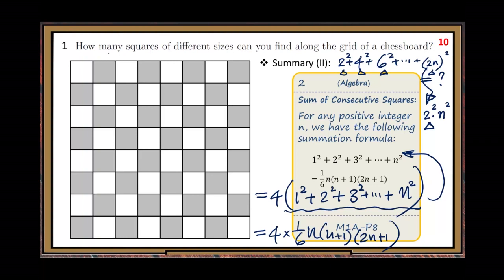I may give you a question similar to what we just did. This time, I ask you to find 1 square plus 3 square plus 5 square, this time for odd integers, the squares of consecutive odd integers, up to 2n minus 1 squared. Can you apply the given formula in this flashcard to calculate this?